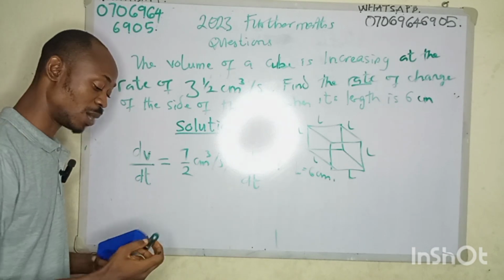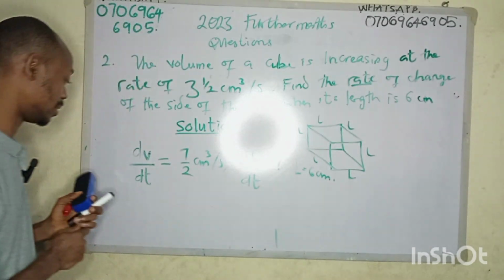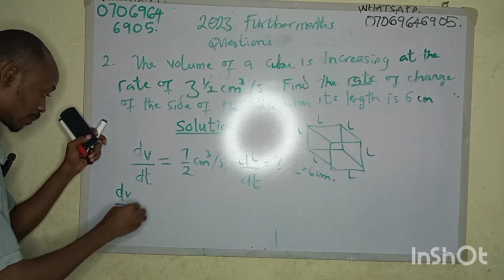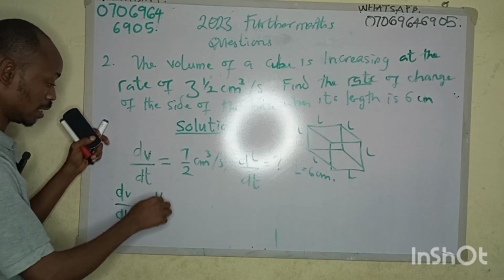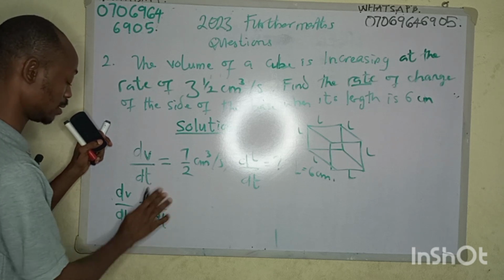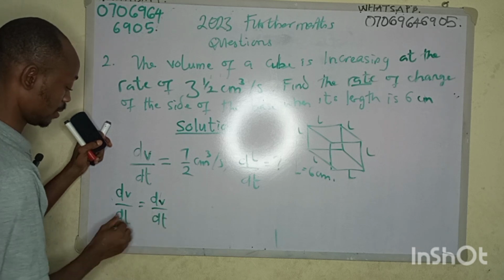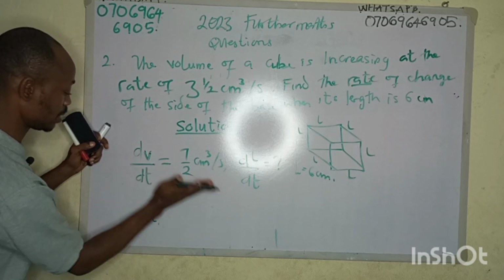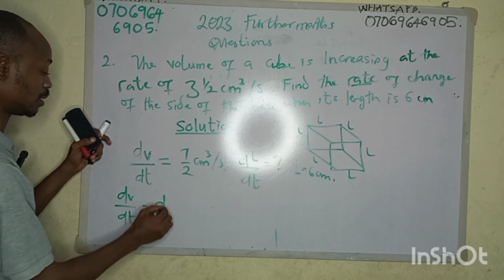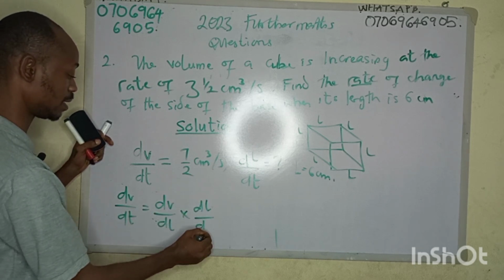Now, guys, the formula we use here is the chain rule. In this case, it says dV/dt equals dV/dL times dL/dt.